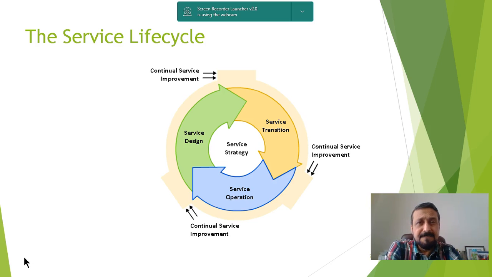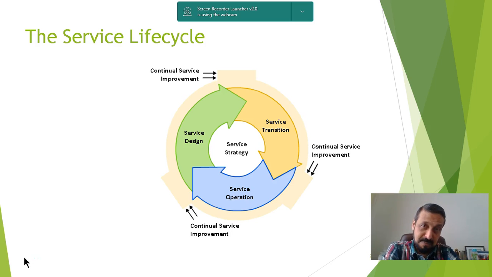The last and the 5th life cycle phase in ITIL is called continual service improvement, or CSI. Now CSI is a continuous improvement phase where we look at the processes, we look at the service and identify areas that can be improved.